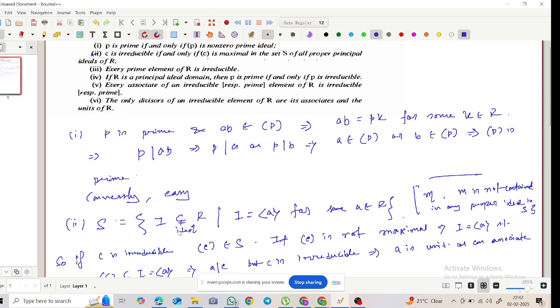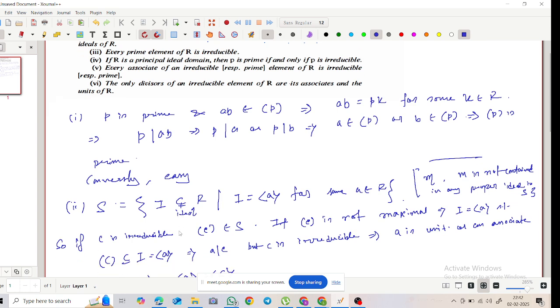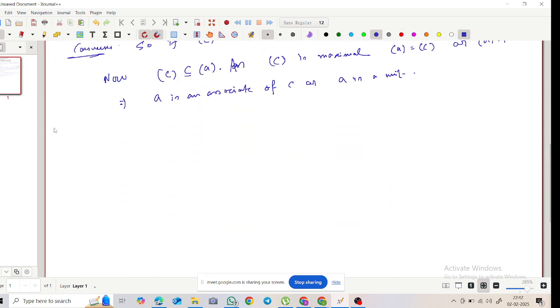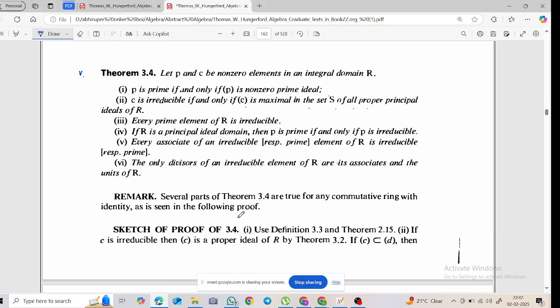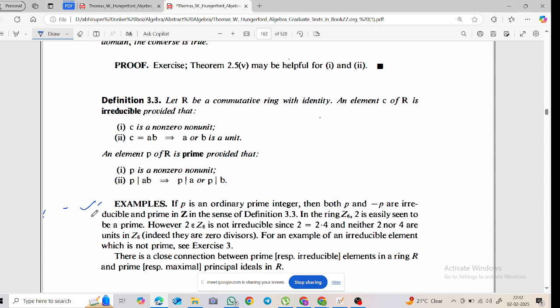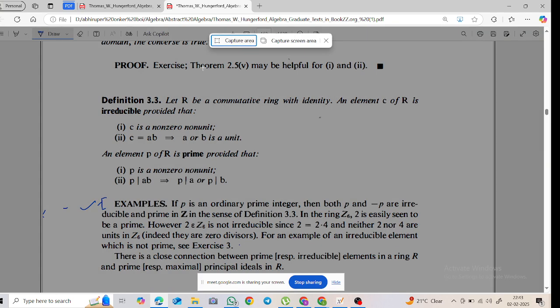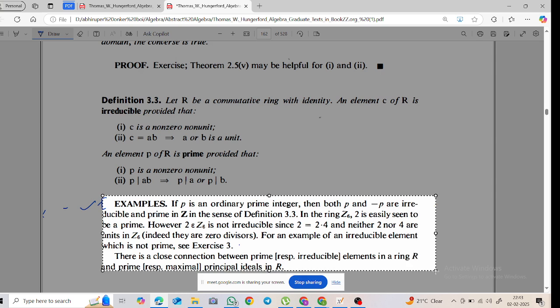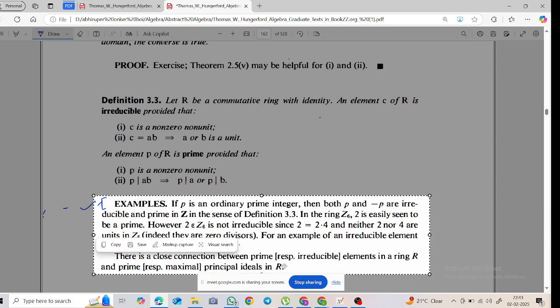For third, every prime element in R is irreducible. First of all, I would like to take you back to the example. I request you to go through the example again. Please go through it and understand why this example works and why this cannot be the case in our proof.